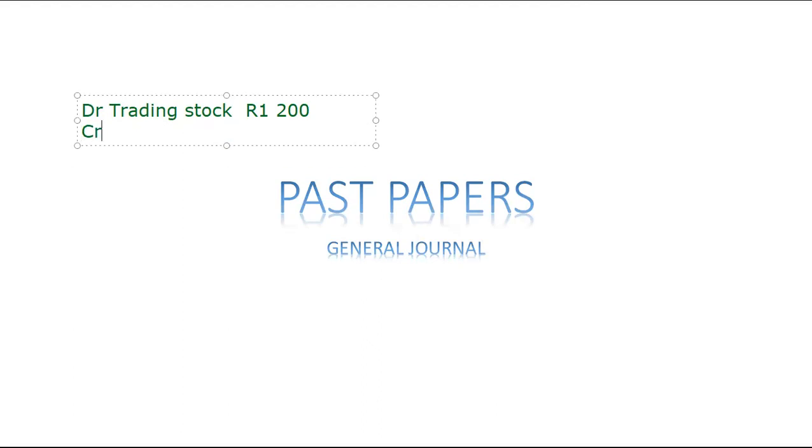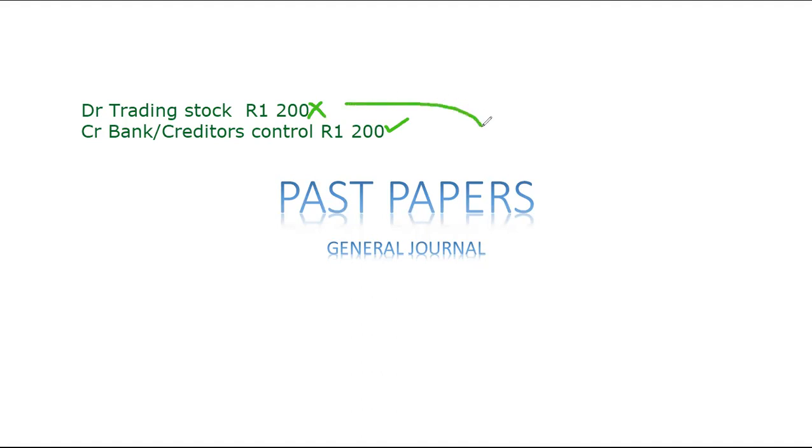And then they credited bank or creditors control, depending on how they bought that trading stock. Here, you need to understand that whatever they credited is correct. The only thing that is wrong is what they debited. So we need to reverse this, by debiting the correct entry, and crediting trading stock.